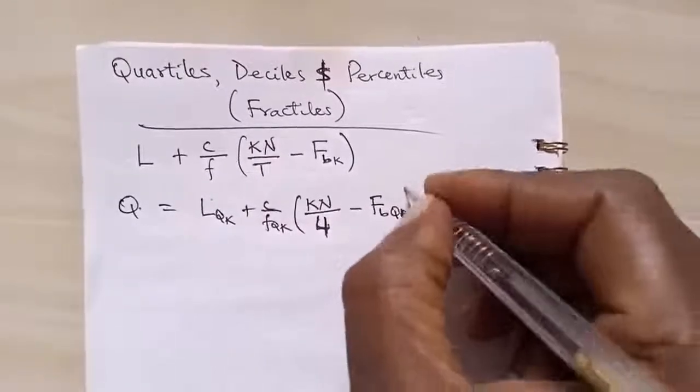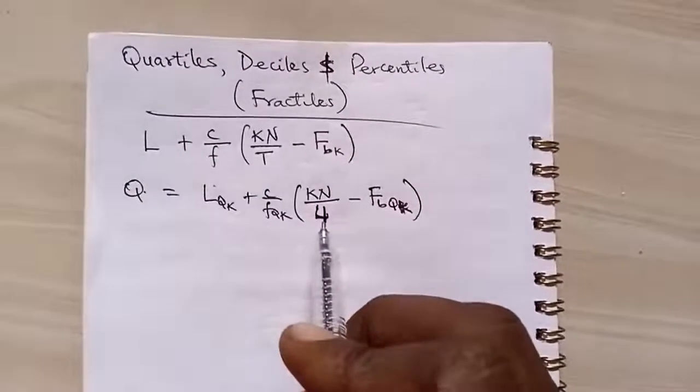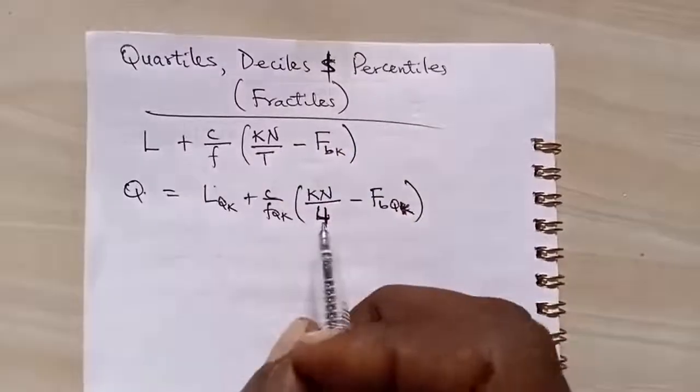Let's use K. So for decile, you're dividing by 10. For percentile, you're dividing by 100.